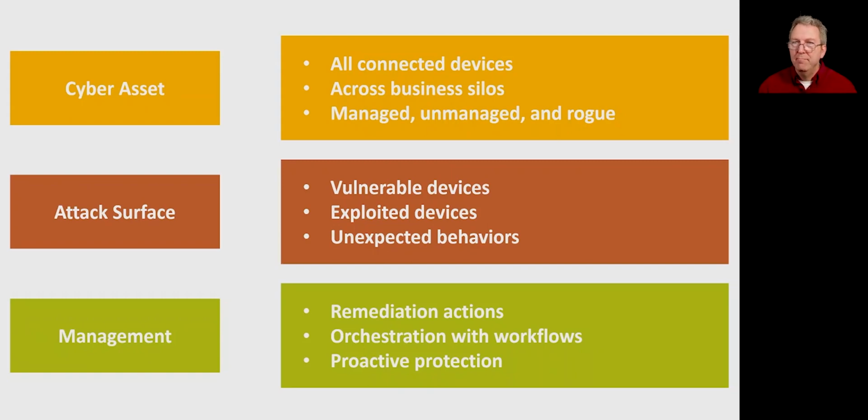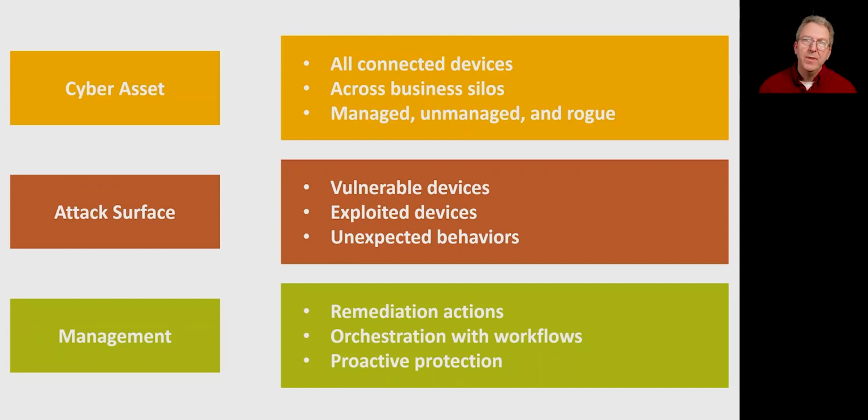And then finally, management, right? You don't just need another system that's giving you alerts and alarms and overwhelming your help desk with more things they need to do. You need to be able to take action very quickly to remediate systems which are being exploited. You need to be able to orchestrate with the existing workflows in your organization to put things through the right processes that you've already built.